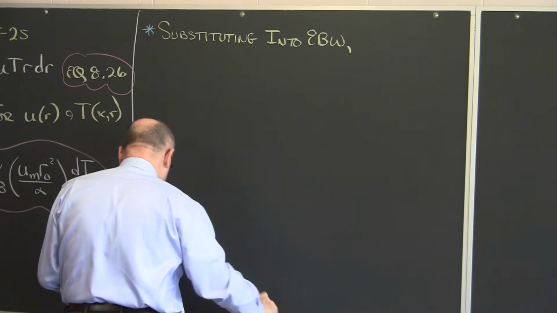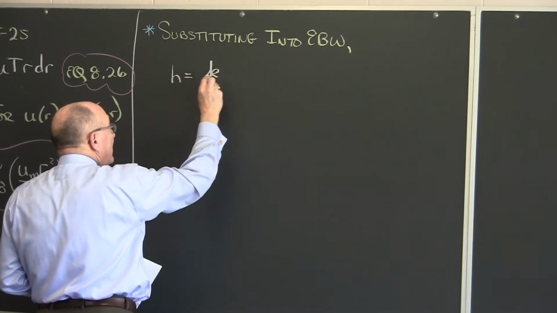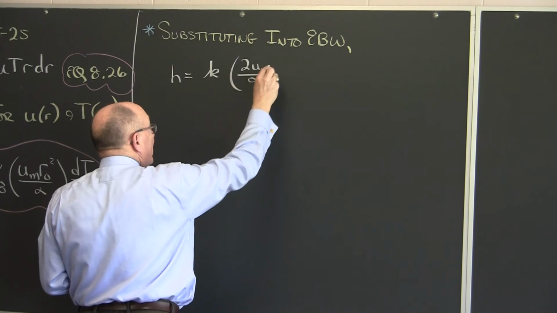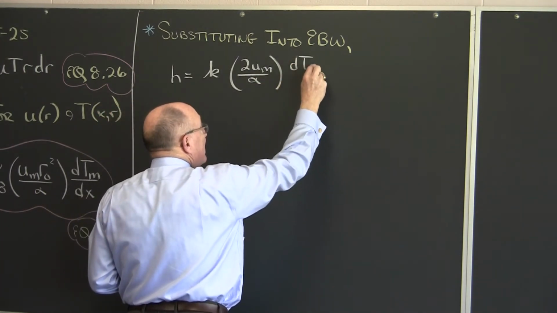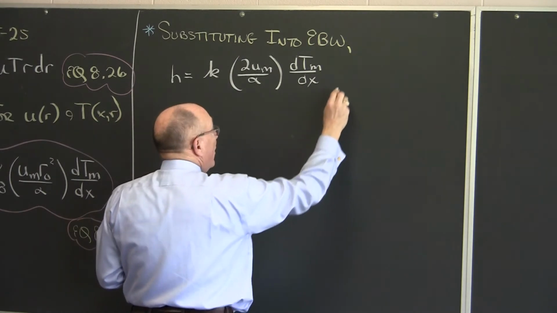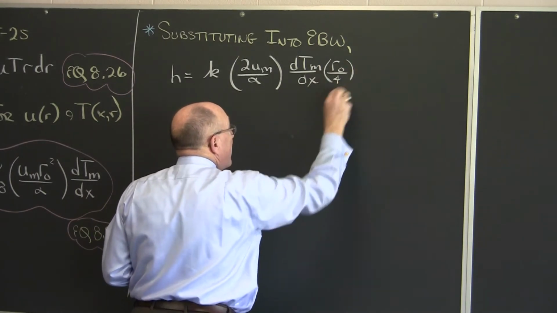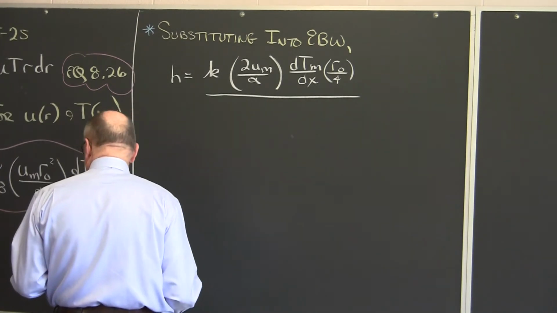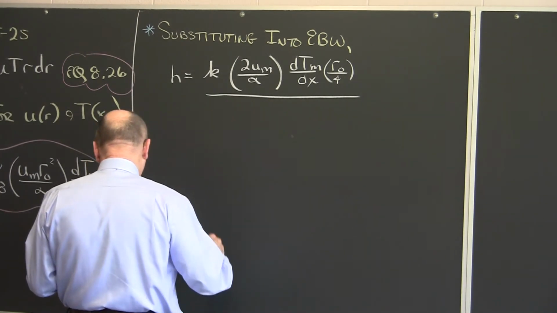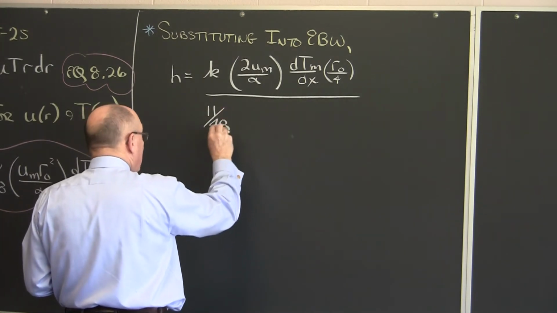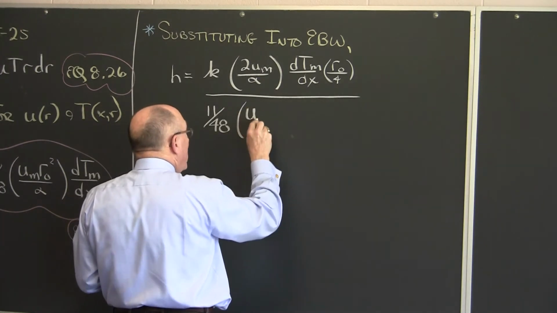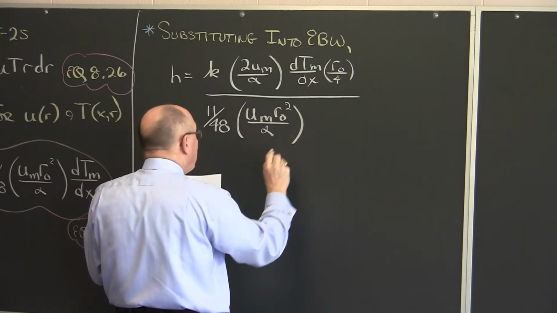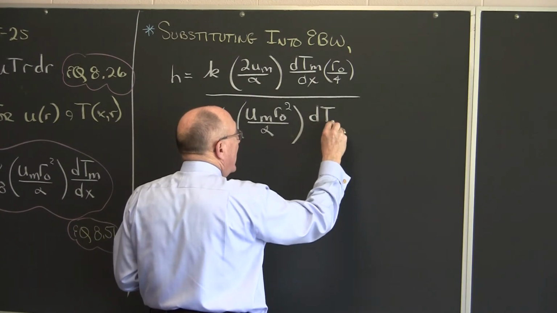And we get the following result. h is equal to k times the partial of T with respect to r, which we know is 2um over alpha times dTm/dx times r sub 0 over 4, over Ts minus Tm, which gives us 11/48 from this equation, times um times r0 squared over alpha times dTm/dx.